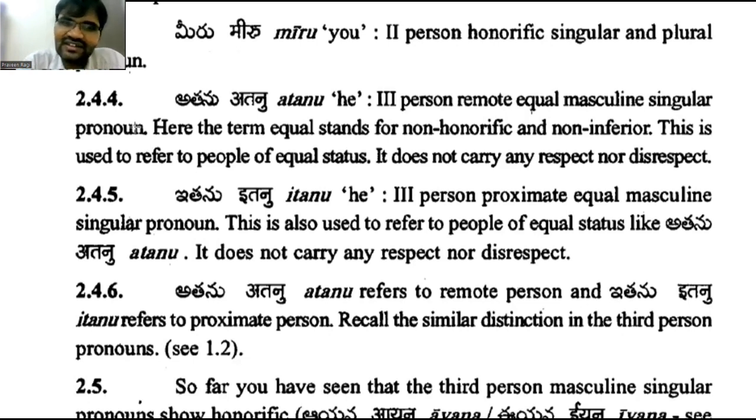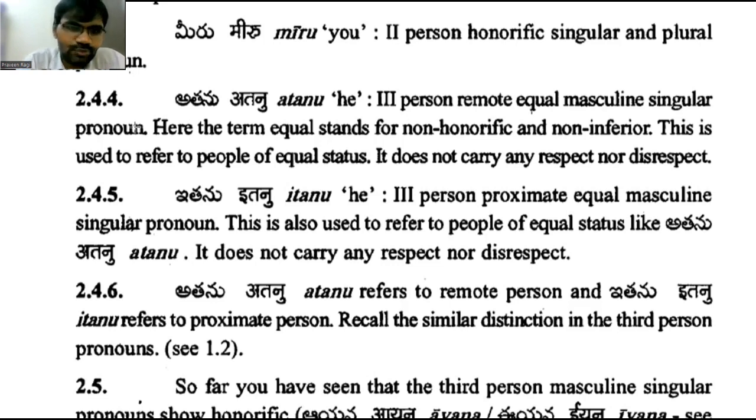See here what they are telling, it is not honorific or inferior. It can be used in any situation, in general. It will not show respect or politeness. Equal, normal.